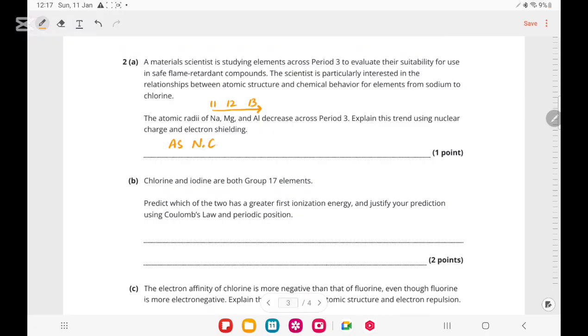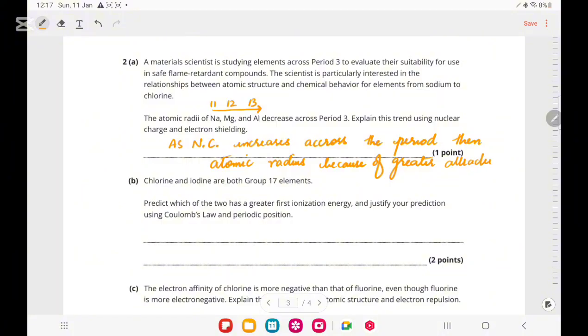As nuclear charge increases across the period, atomic radius decreases because of greater attraction of the nucleus to the valence electrons.